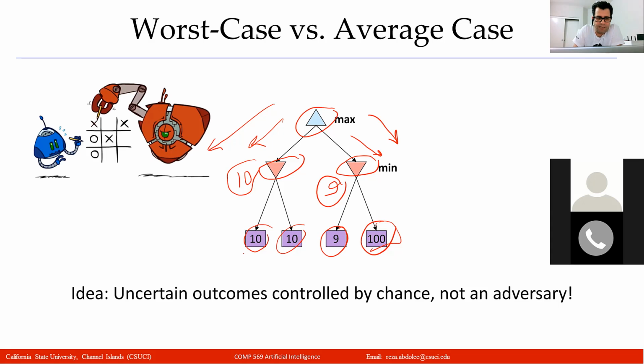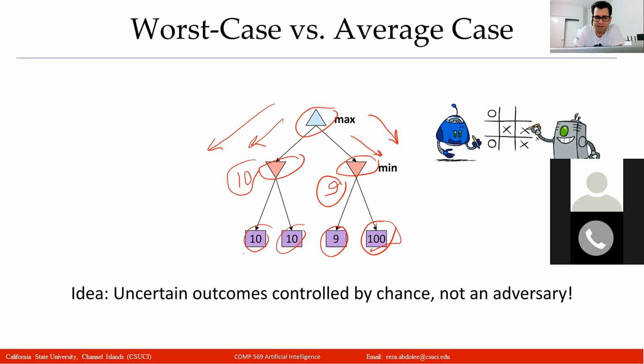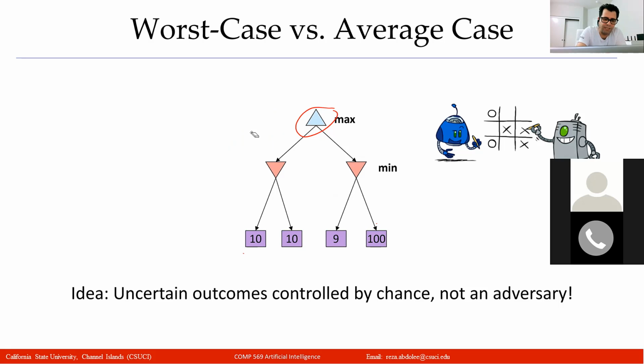This time, we know that the player that is playing against us may not play optimally. So there's a chance of the utility 9 being chosen by the adversary. Therefore, we need a different strategy than minimax.